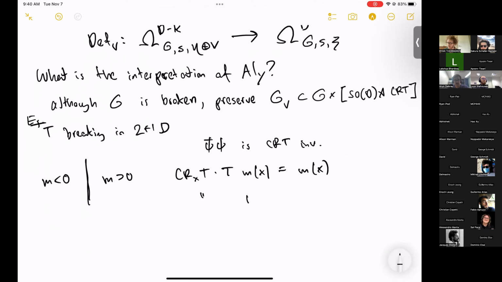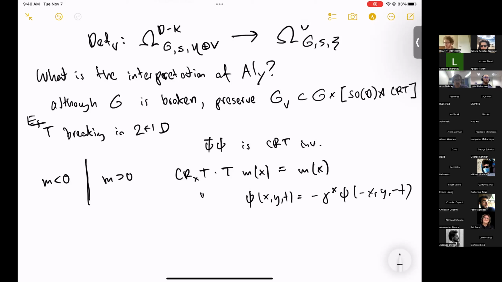If you act by the same thing on the fermion, x, y, t, you're going to get from CRT a gamma x, gamma t, and then from T you get another gamma t. So the result is gamma x. We reverse the x coordinate, and we reverse the t coordinate.